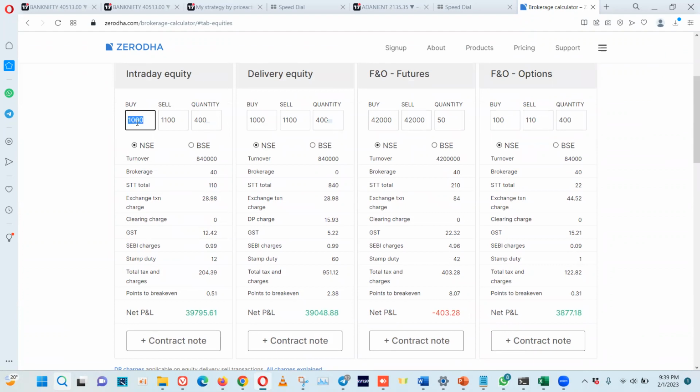If we use equity, same size, the charges are very high. 42,000, 42,000. See, this is 811 rupees. Oh my God. And if we use delivery equity, that is 4,700.